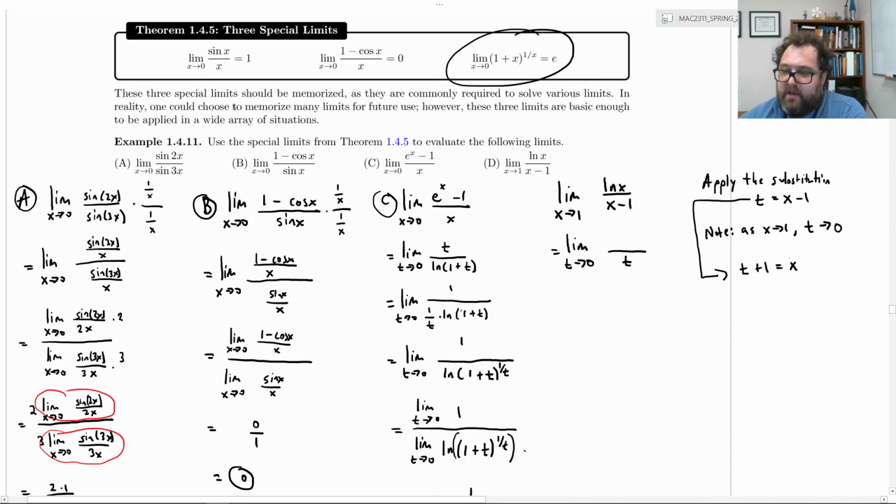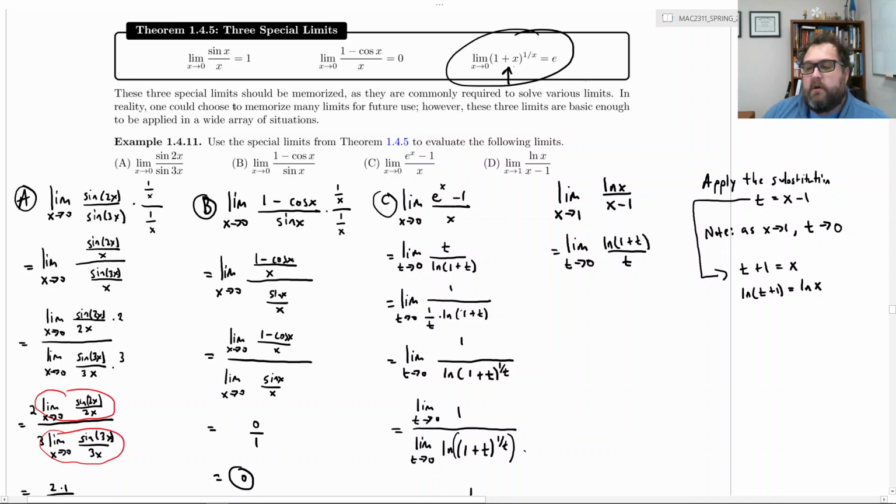Either way, the numerator turns to natural log of t plus 1. Or if you don't mind, I'll write that as natural log of 1 plus t. Again, we know that the addition of real numbers is commutative, so the order doesn't matter there. And it looks better because it'll match our limit up here better if it's 1 plus t.